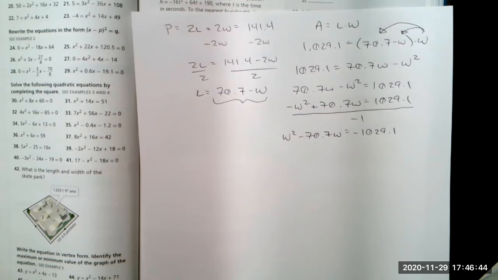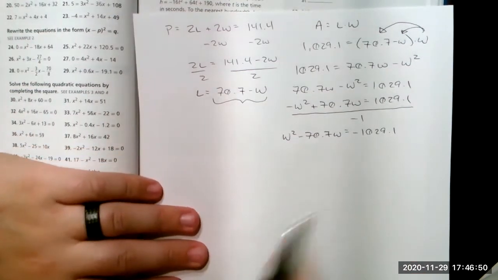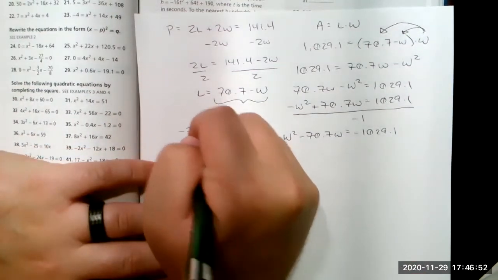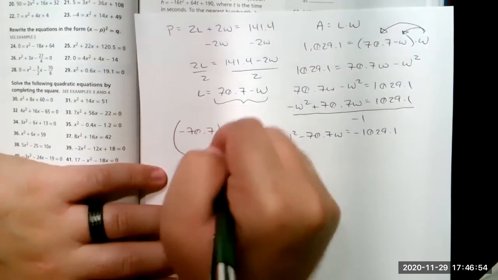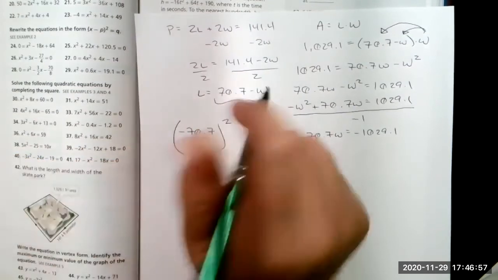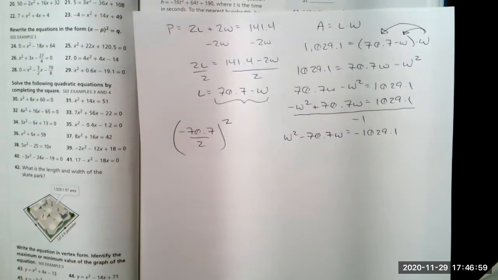So here is the part where we are going to go ahead and complete the square. So I'm going to take that B value, divide it by 2, and square it. 70.7 divided by 2 is 35.35.